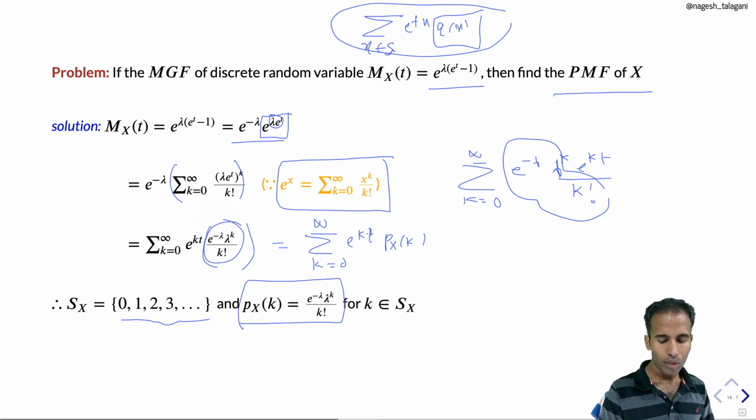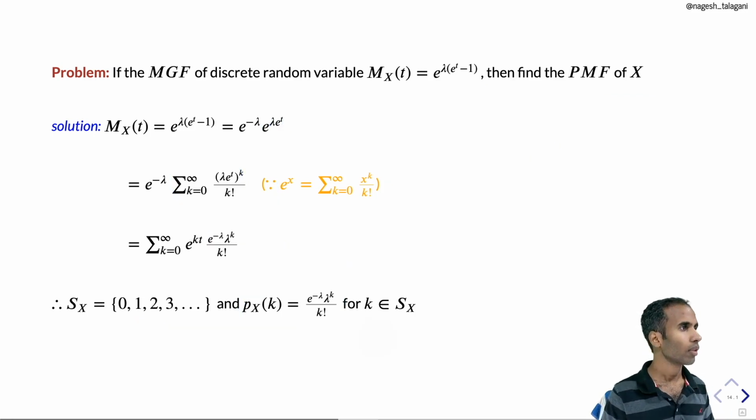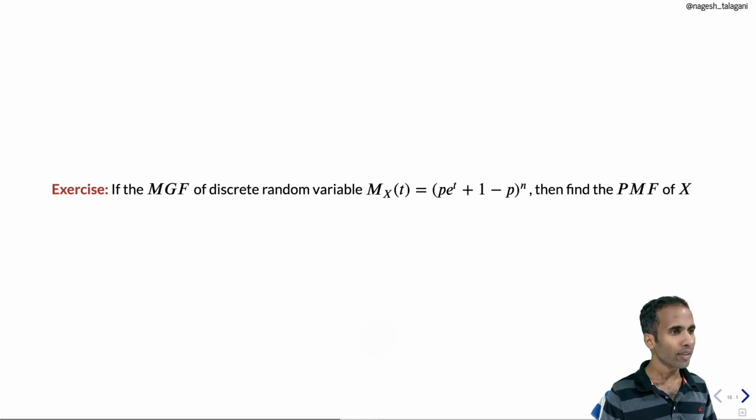Okay, so done. This is the PMF for the given MGF. Fine. Next, here is the exercise. Here the MGF is given, you have to find the PMF. Hint: use the binomial theorem to see it in the required form.